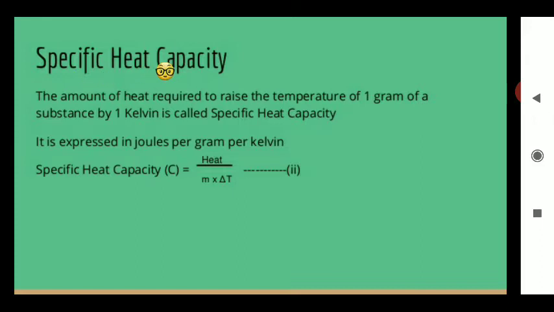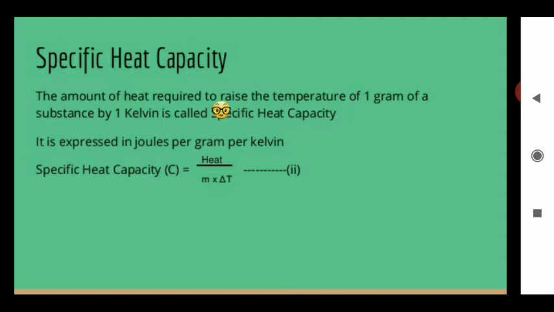Now we are taking the second type, the specific heat capacity. What do you mean by specific heat? The amount of heat required to raise the temperature of 1 gram of substance through 1 degree Celsius, or you can express this quantity in terms of Kelvin, is known as the specific heat capacity.